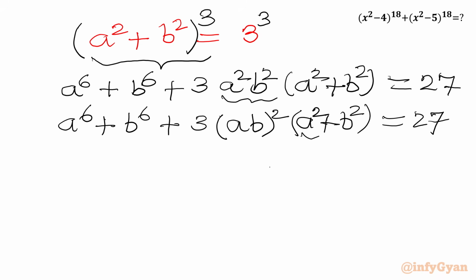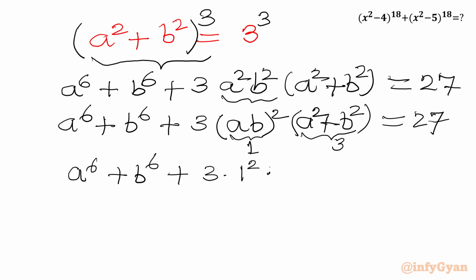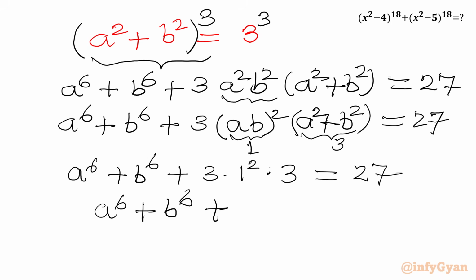Now a square plus b square is 3. A times b is 1. So we'll find a power 6 plus b power 6 from this equation. Here we'll write 3 times 1 square times 3 equal to 27, which will be a power 6 plus b power 6 plus 3 times 1 times 3, 9 equal to 27.